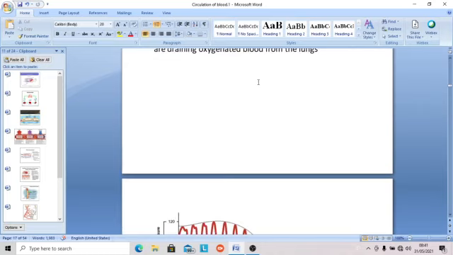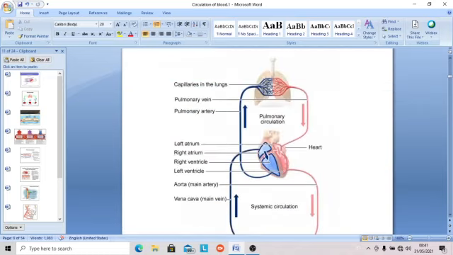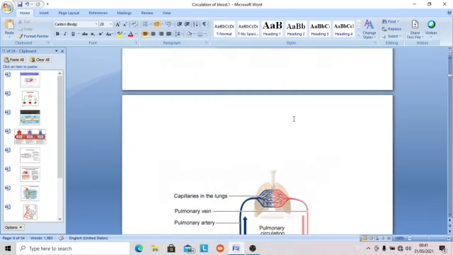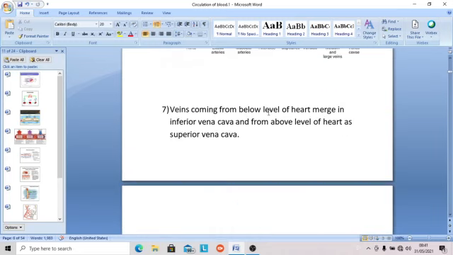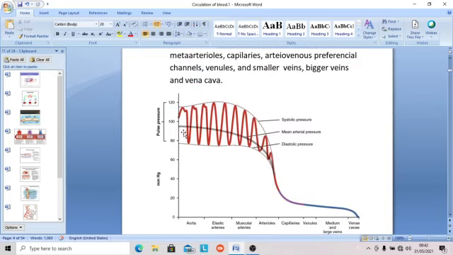So this elastic recoil of the aorta is very significant in maintaining the minimum blood supply during the diastolic phase. So you can see this is the pulse of 80 over 120, because from 0 to 120 during the systolic phase, a lot of blood has come from the left ventricle.